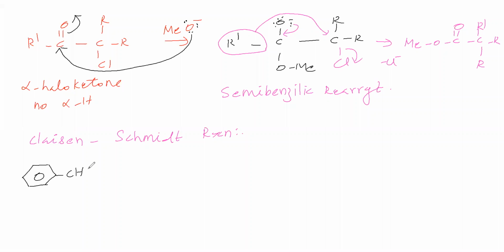Then we are taking an aldehyde or ketone containing alpha hydrogen. Here we have taken an aldehyde not having alpha hydrogen, and here an aldehyde or ketone having alpha hydrogen.